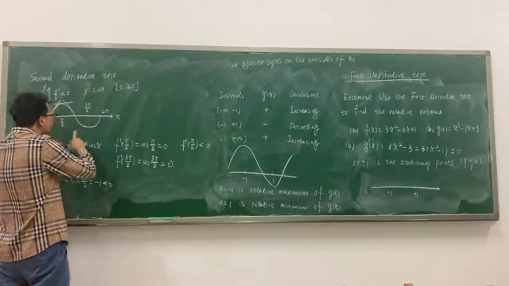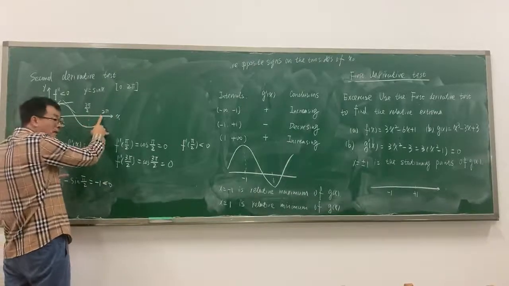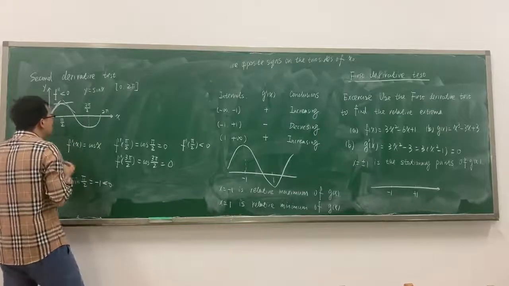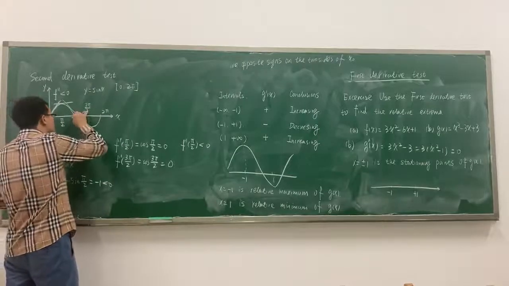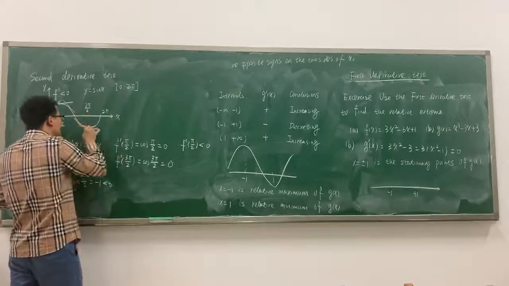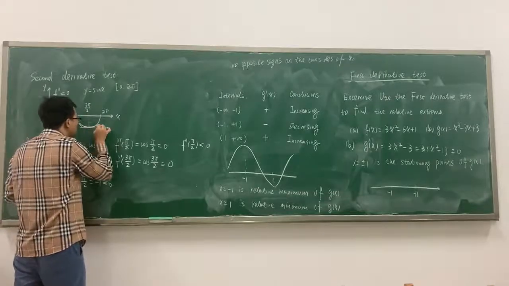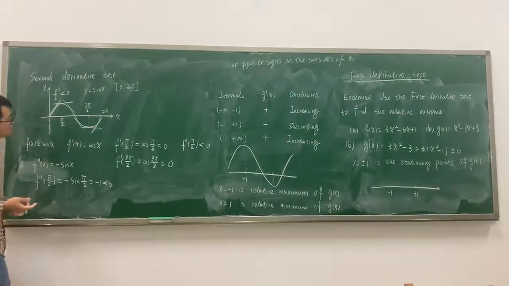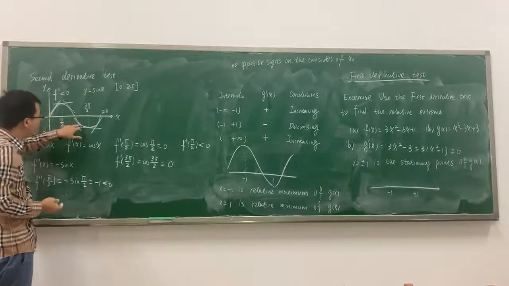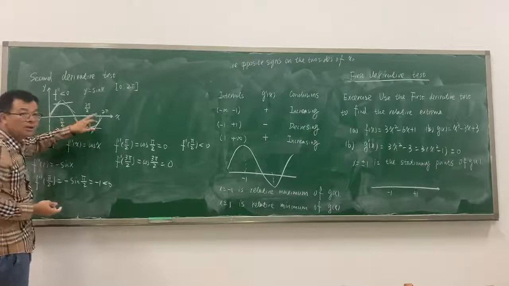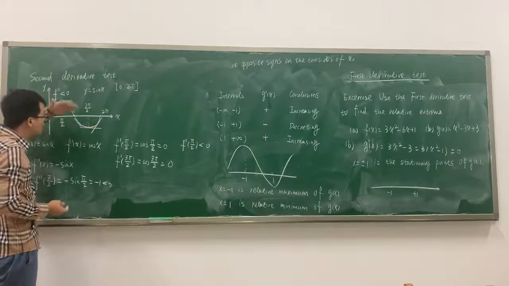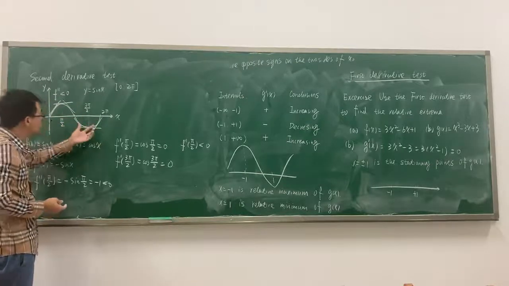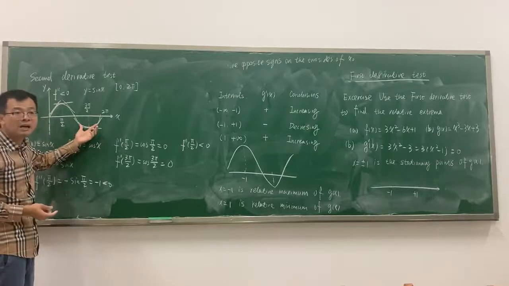And now in this part, from pi to 2 pi, we can plot the tangent line. Actually, it's like this. So it's easy to see that the graph lies above the tangent line. So this part is concave up or concave down?